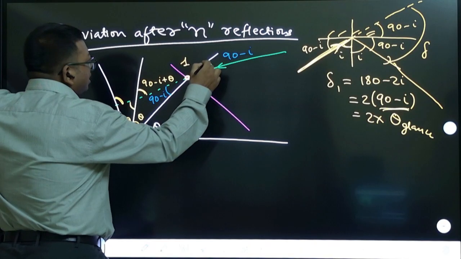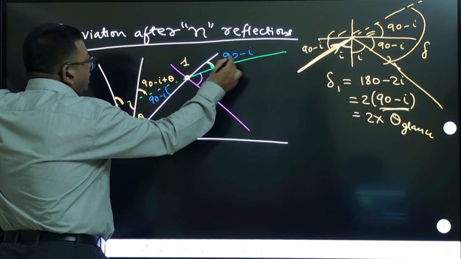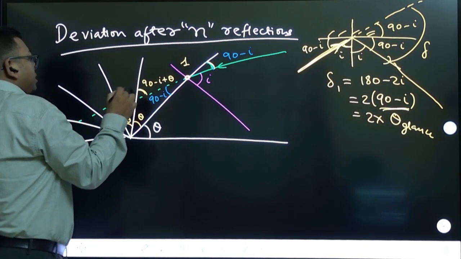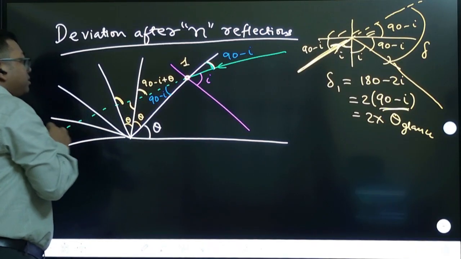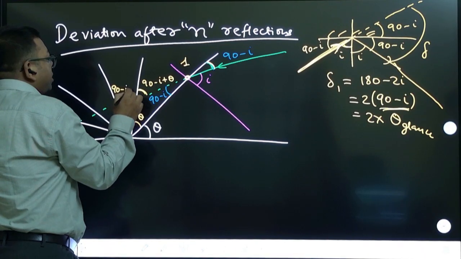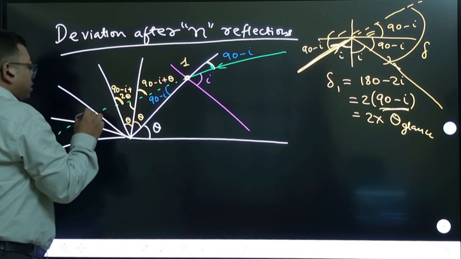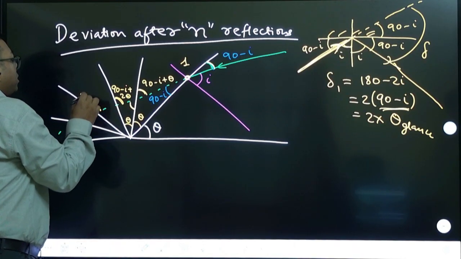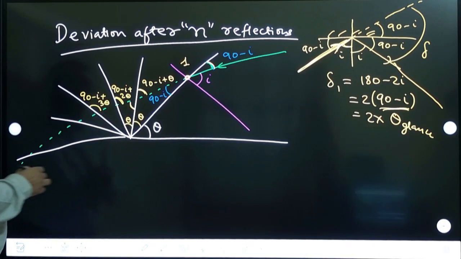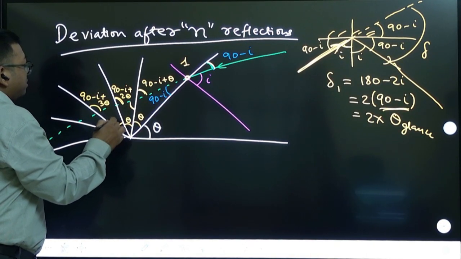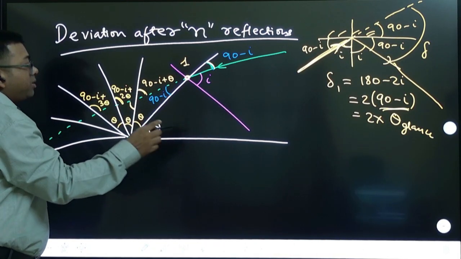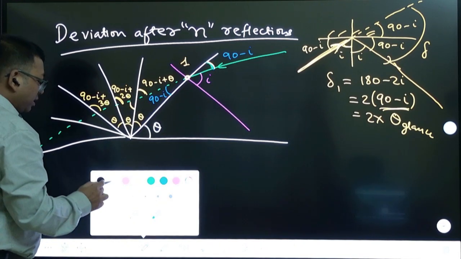At the first place the glance angle is 90 minus i, next 90 minus i plus theta, then 90 minus i plus 2 theta, like that. Here the glance angle will be 90 minus i plus 2 theta. Similarly here it will be 90 minus i plus 3 theta. Like this the glance angle will keep on changing. Clear? If you multiply this glance angle by 2, you will get the deviation at all the places.